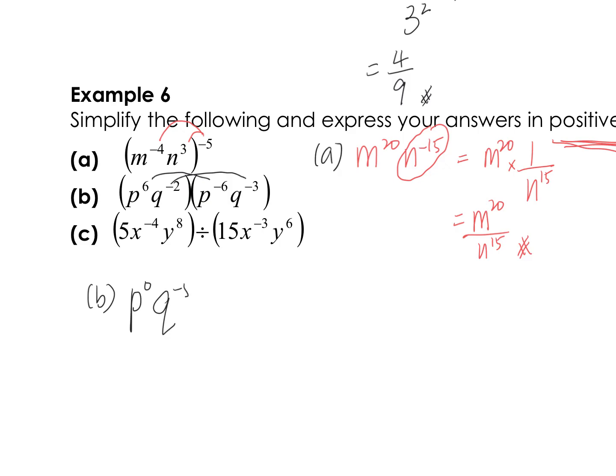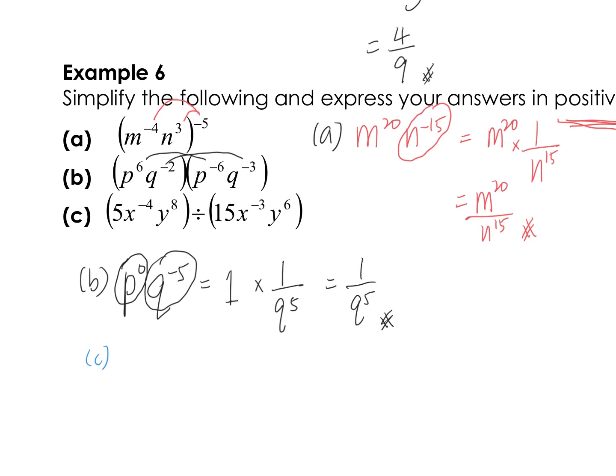Okay, but can I simplify it? What is p to the 0? P is 1, so this one is just 1. Anything raised to the power of 0 is 1. And then this one I change to 1 over q. So actually my answer is just 1 over q to the power of 5. Okay, nice.